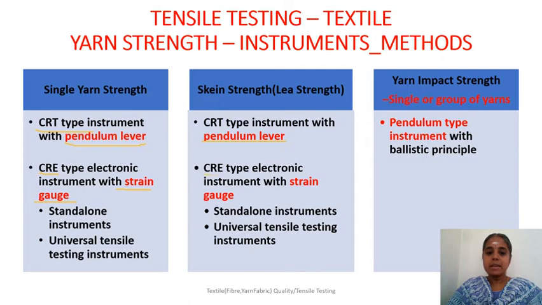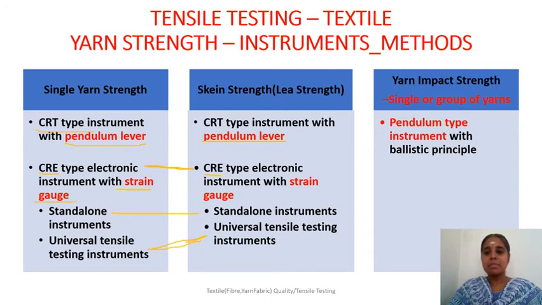And CRE type instruments are also there, similar. The standalone instruments look entirely different, whereas these two are one and the same; the jaw alone is different for the universal testers. So we have standalone instruments and universal instruments also.